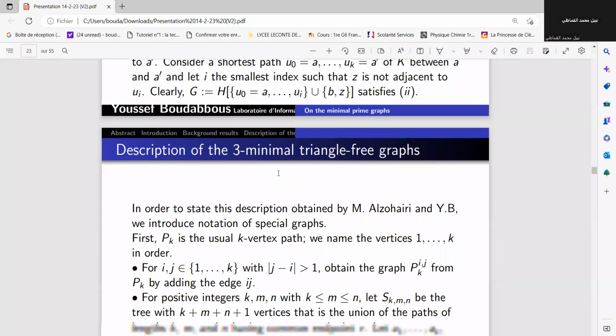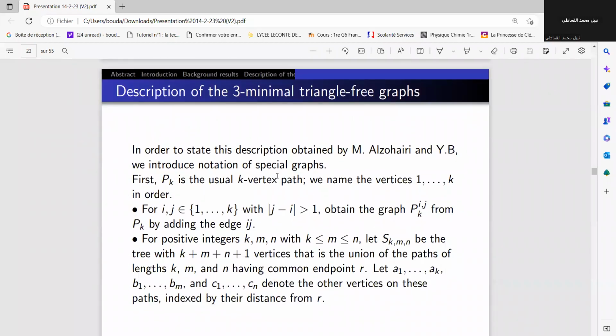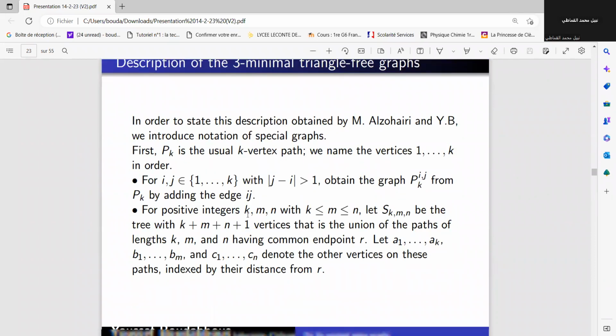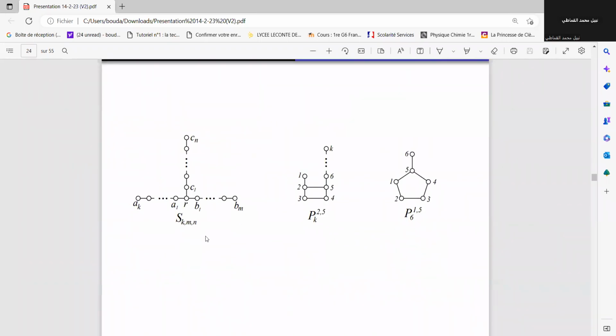Okay. Now the result of Al-Khwarizmi and myself concerning the 3-minimal triangle-free graphs. Here we give some figures. This graph is called SKMN. It is a tree. We have a path RA1AK, RB1BM, RC1CN.